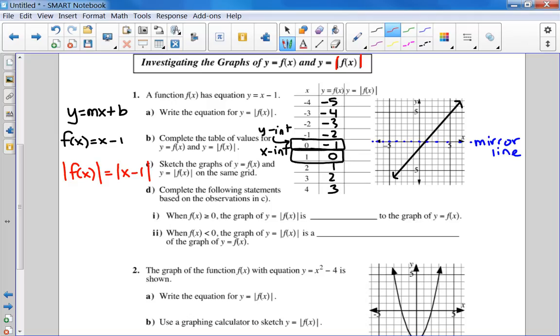For example, this spot here at -1 on the y-intercept, where would it reflect to? Right there. And over here, when x is -1 and y is -2, it would pop up to +2. And then you would go ahead and you would make that line.